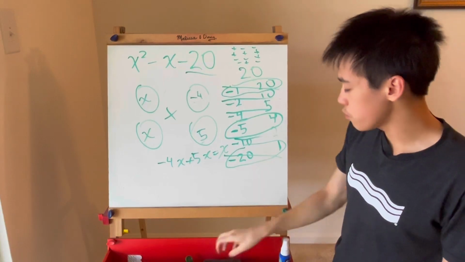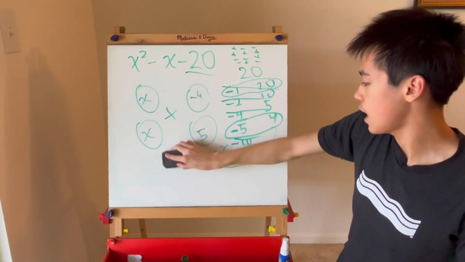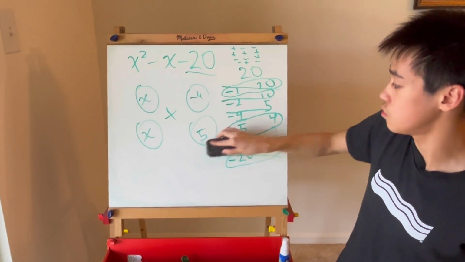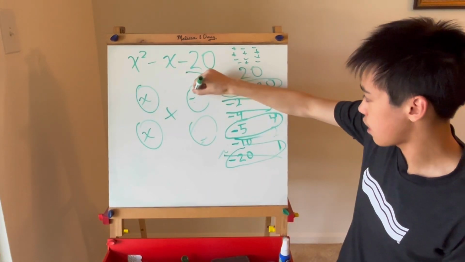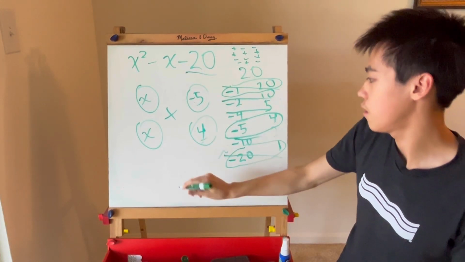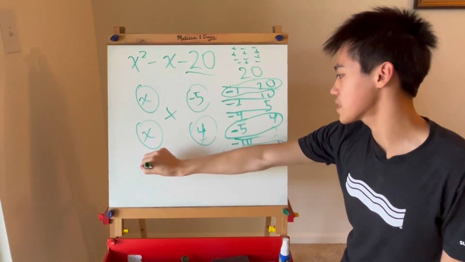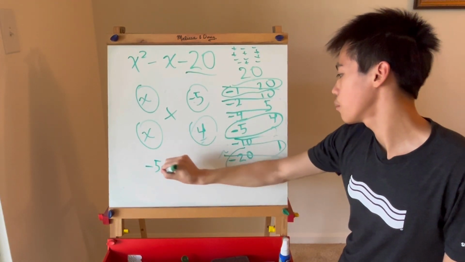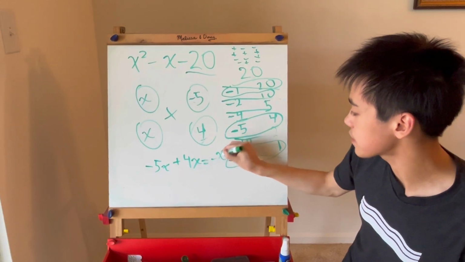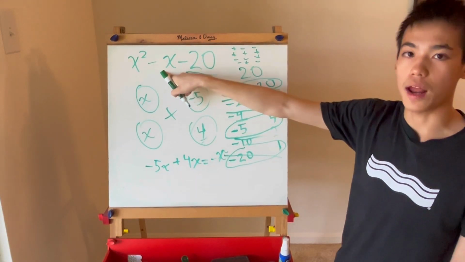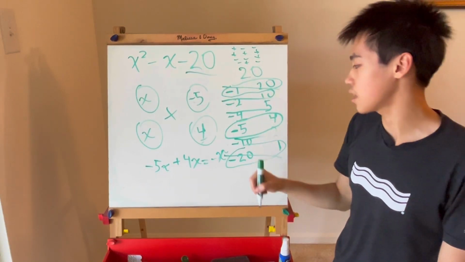So if you really wanted to double check, and it's always good practice to do so, we can put -5 on top and 4, which gives -5x plus 4x, and that indeed gives -x, which matches our x coefficient in our desired quadratic.